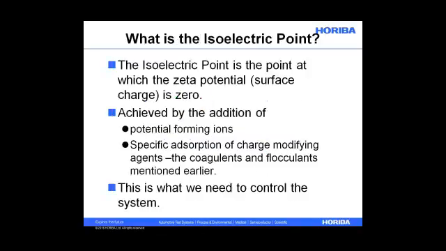So the isoelectric point is the point at which the zeta potential or surface charge is zero. So I can add potential forming ions and add charge modifying agents, coagulants and flocculants mentioned earlier. We need to know where to find the isoelectric point because that's going to tell us how to control the system.